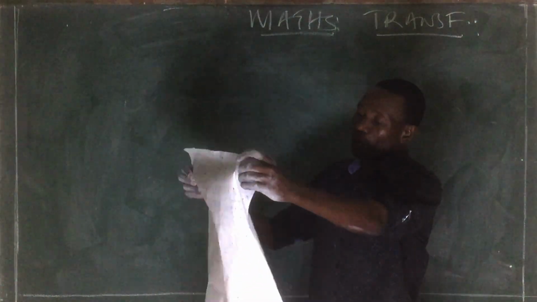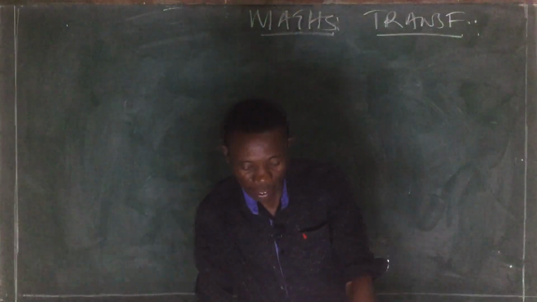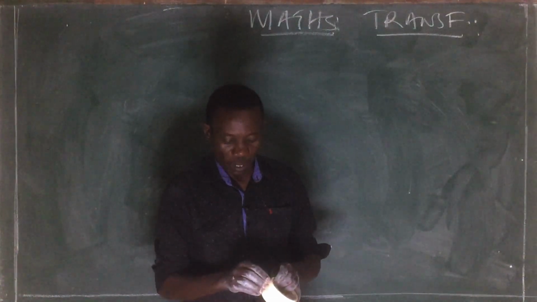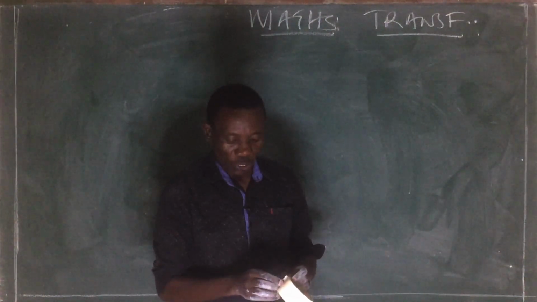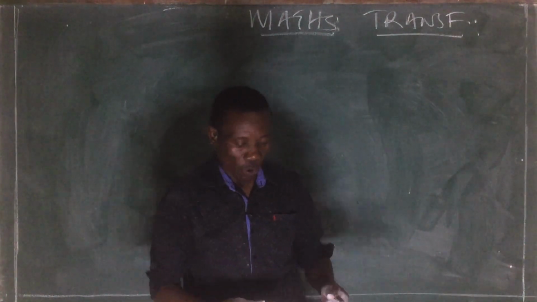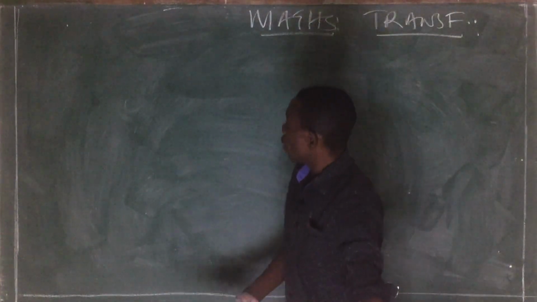This time around, we'll have an extra example, as per what we studied in the previous video, where we need to do the rotation on the Cartesian plane. How can we rotate an object or a figure on the Cartesian plane?